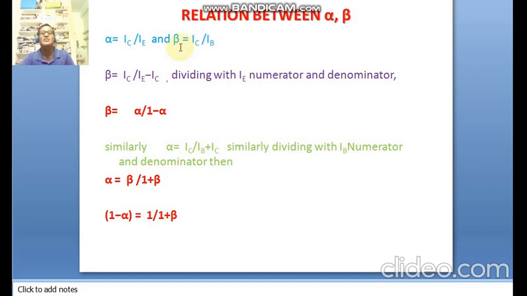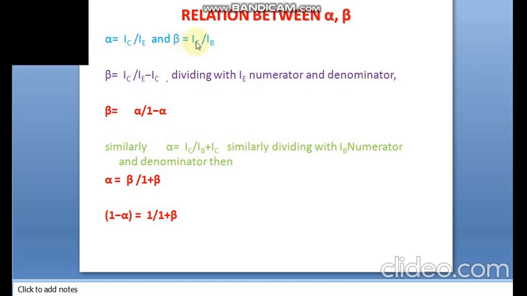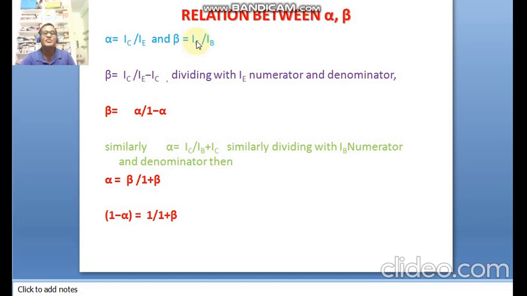Mathematically, beta can be represented by IC by IB. So here, in order to take the relation between beta and alpha, I am taking the beta equation. Beta is equal to IC by IE minus IC, because IB is equal to IE minus IC from the equation IE is equal to IB plus IC.